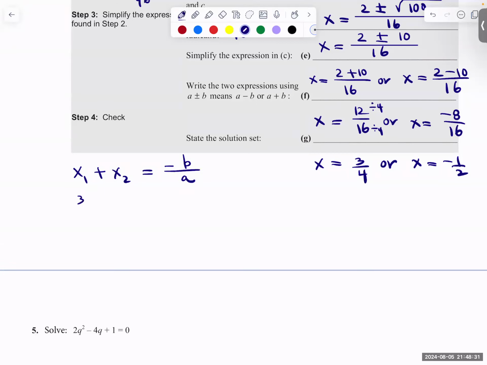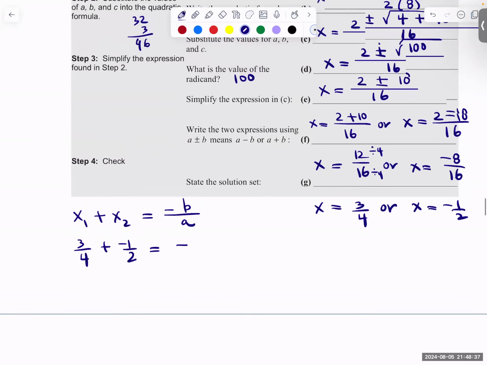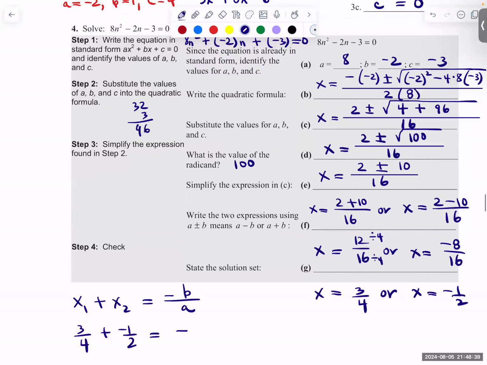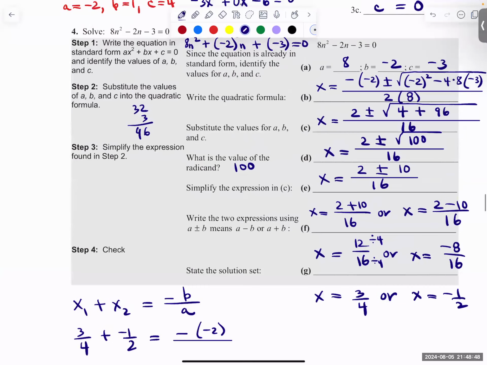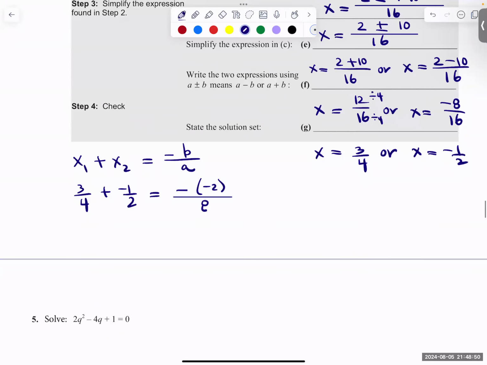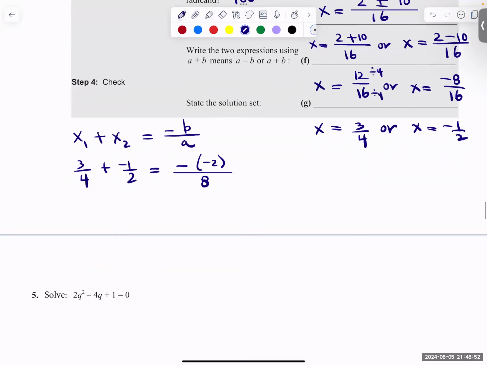So let's add 3/4 plus negative 1/2. And since b is negative 2, that's going to be negative 2 divided by a, which is 8. So is this true or false?